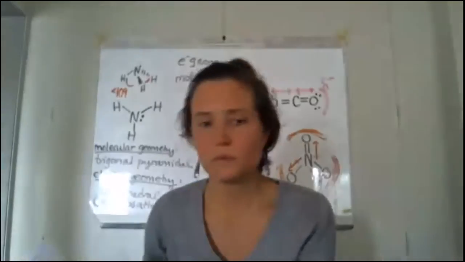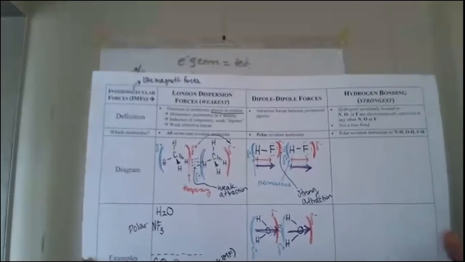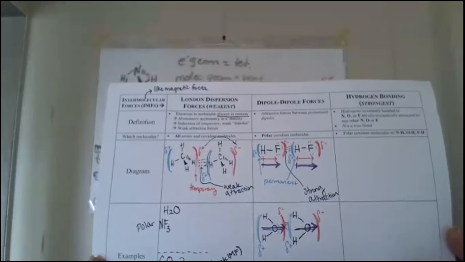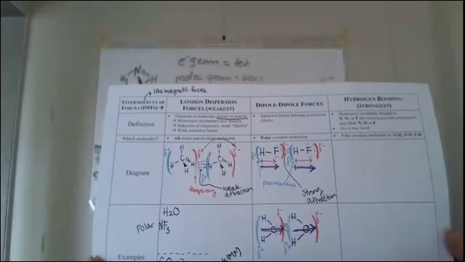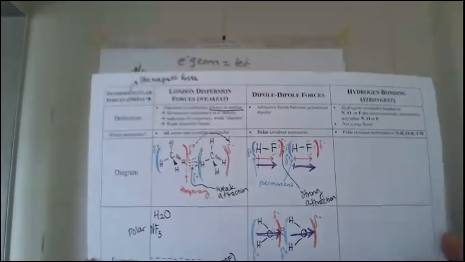And we drew that for the intermolecular forces: water having dipole interactions, a strong attraction between the permanently partially negative end of one water to the permanently partially positive end of the other water.